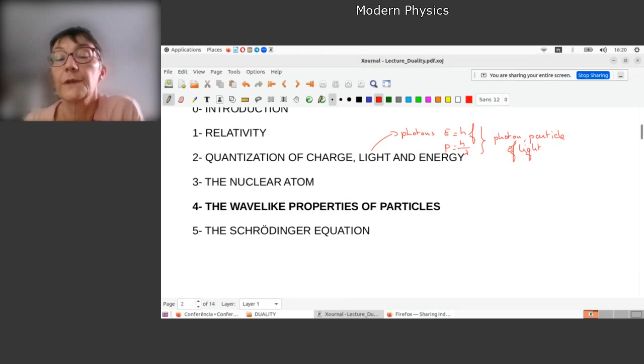This is very important. I already have insisted on these two equations. The energy of the particle is related to the frequency of the wave through the Planck constant. The linear momentum of the particle is related to the wavelength of the light through the same Planck constant. So the Planck constant relates the particle and wave properties of light and matter.